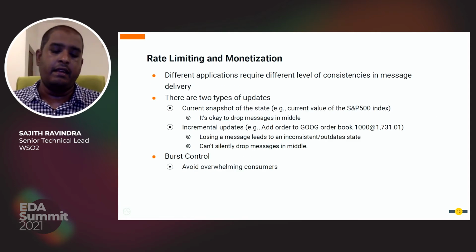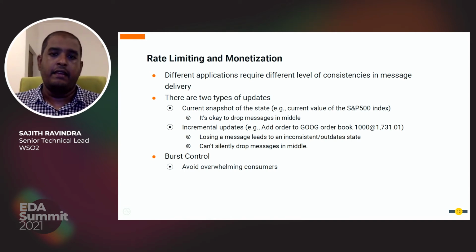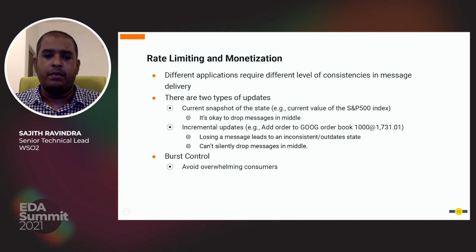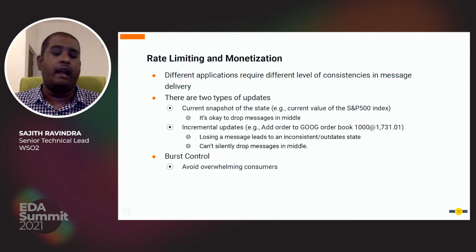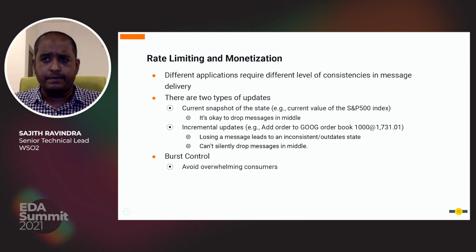Another very important fact, another key differentiator when it comes to streaming APIs, is that event stream consumers can expect different levels of consistency when it comes to message delivery. Let me explain this a little bit more. Some updates or events you can afford to lose. They might be simply updates to the state. For example, let's say you are looking at a stock market index.